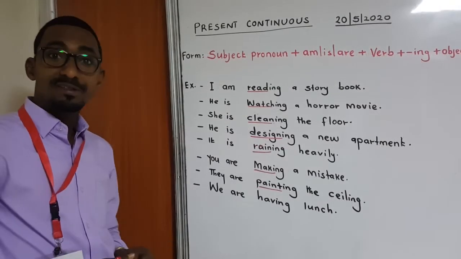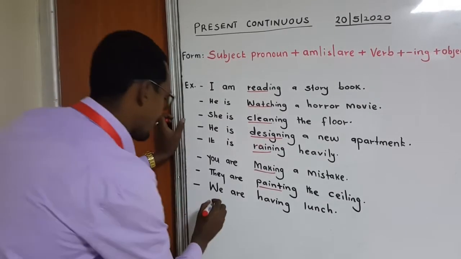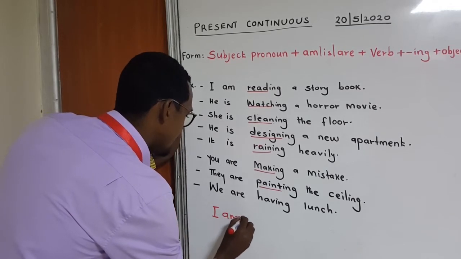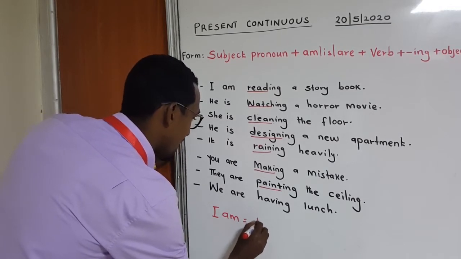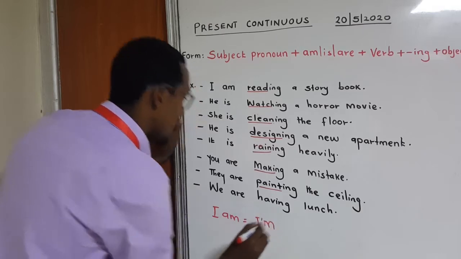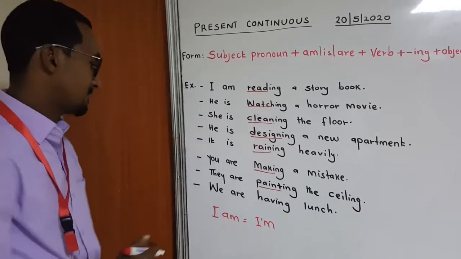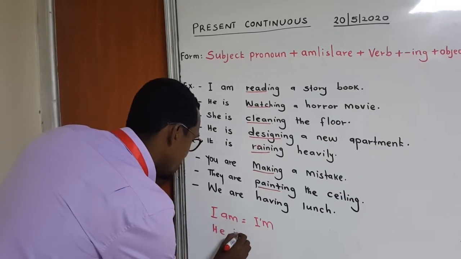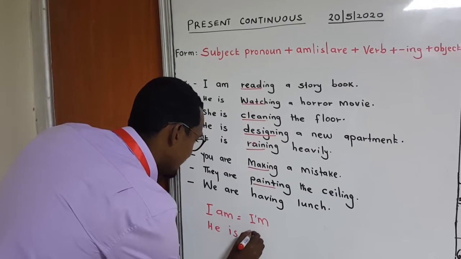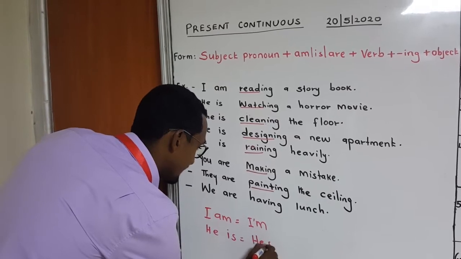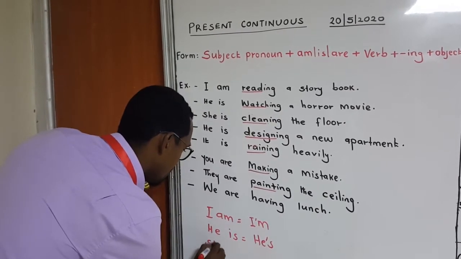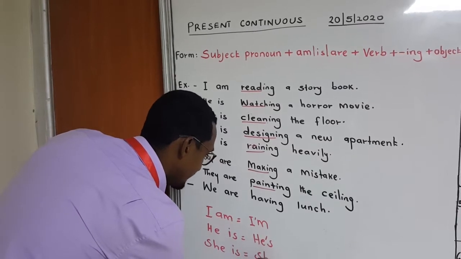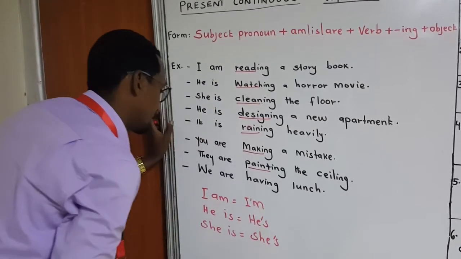Okay, now let's look at the short form. The short form of I am is I'm. The short form of he is is he's. The short form of she is is she's.